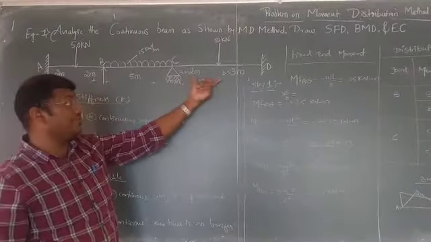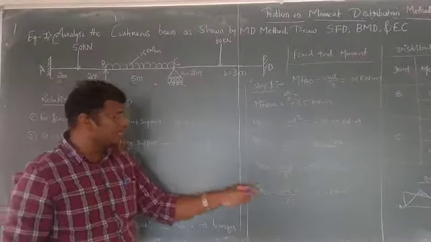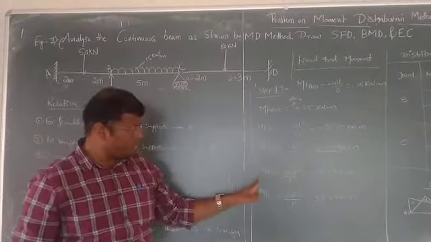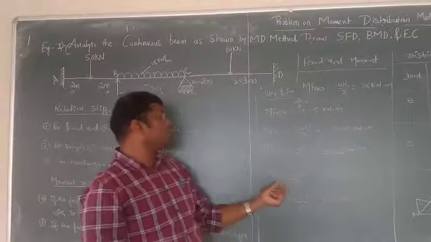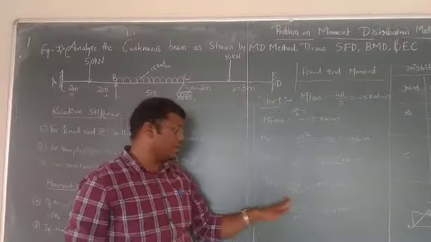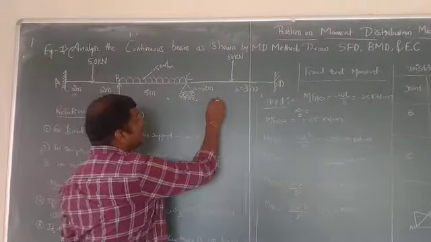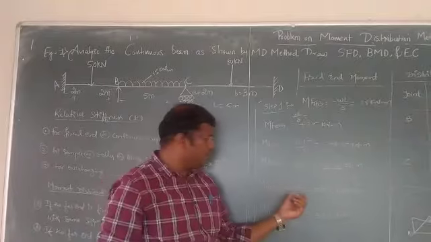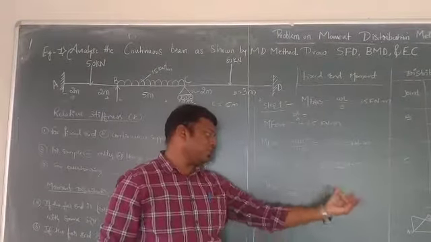Now the formula for the fixed end moment for this kind of loading is minus W a b square by L square. Just substitute: W is 80, a is 2 and b is 3, and the span L is 5, since a plus b is 5 meters. Substituting the values, we get minus 57.6 kN-m.